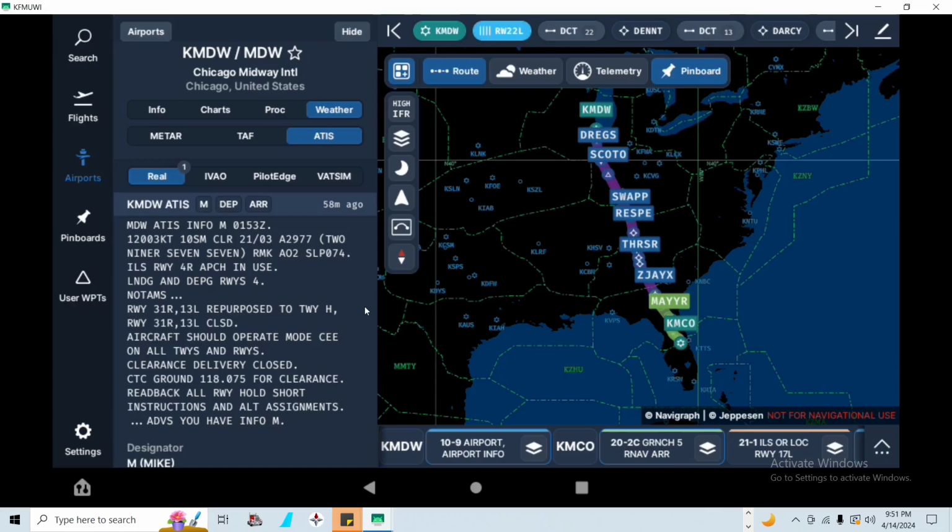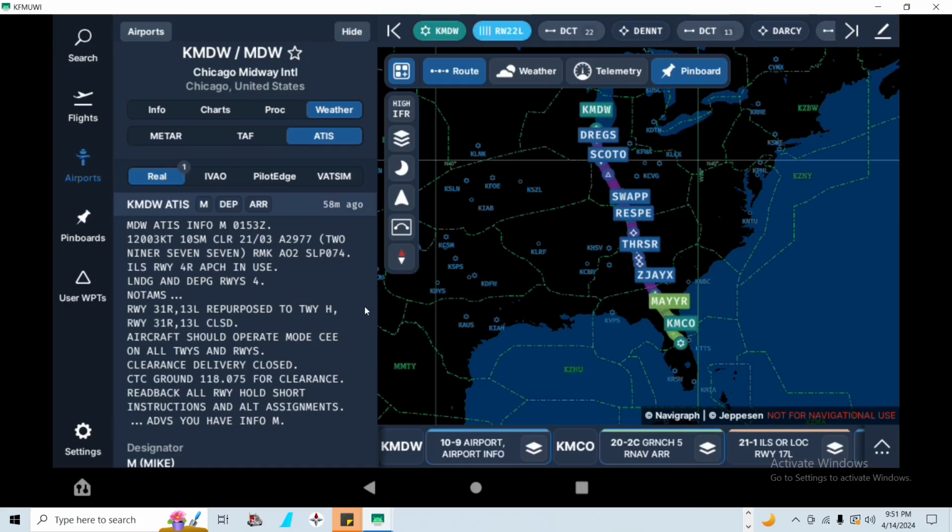Next thing you're going to see on the second line is going to be 12003KT. That is going to be your wind direction and your wind speed in knots. So that's 120 degrees at 3 knots. 10 SM. That's going to stand for 10 statute miles.